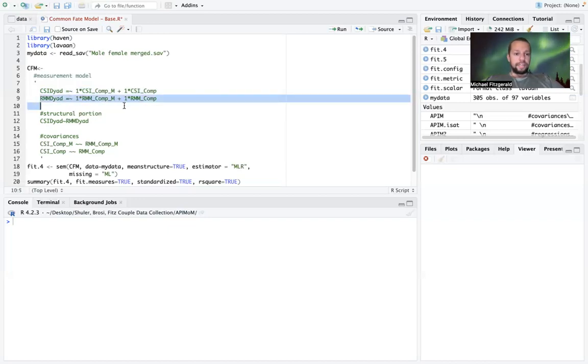And then we're going to do the exact same thing for relationship mindfulness. For those of you who watched my other videos, I've been using depression and relationship mindfulness through a lot of the analyses. Here, I have made an intentional switch because depression doesn't exist at level 2.